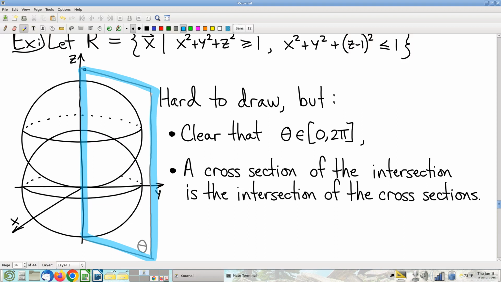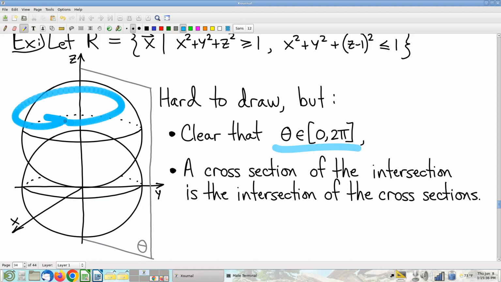This is a problem. Okay, so I just want to point out, I think this is a really good idea. Well, for one thing, you can notice that theta is going to go all the way around. This solid clearly sort of envelops part of the z-axis, so therefore it goes all the way around. Okay.